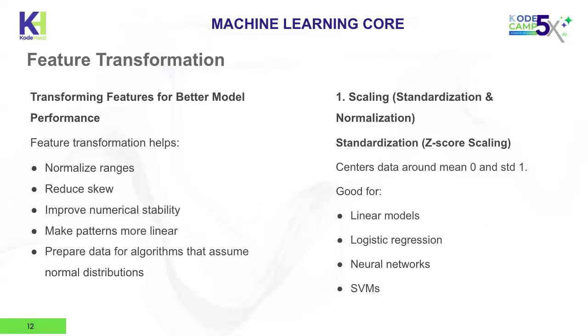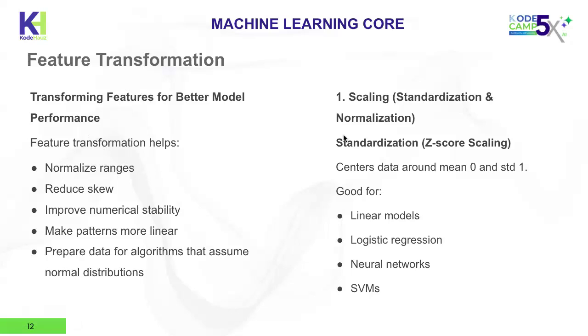What do we mean by transformation? Remember, transformation is where we take those values and make them into numbers effectively. The different steps in feature transformation, you start first of all with normalization.